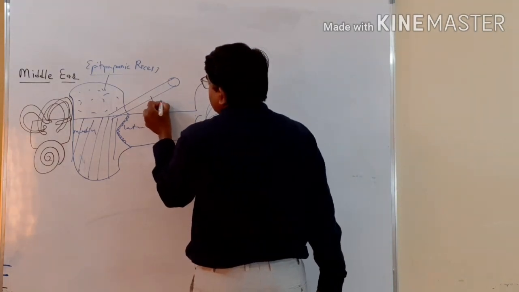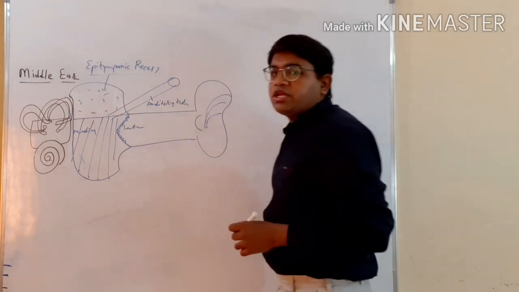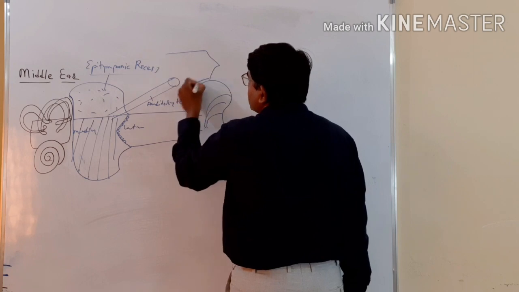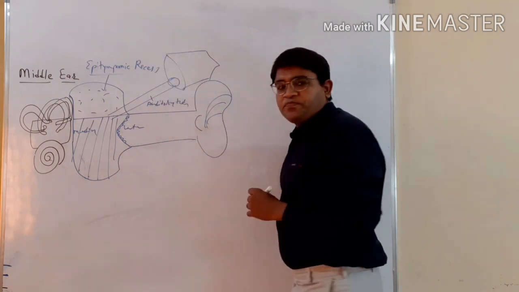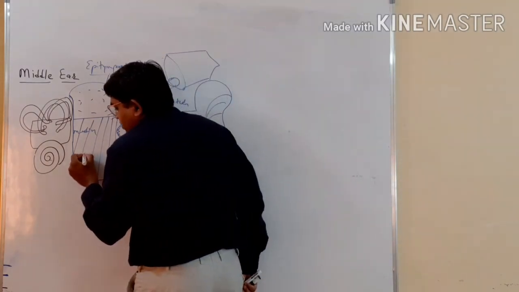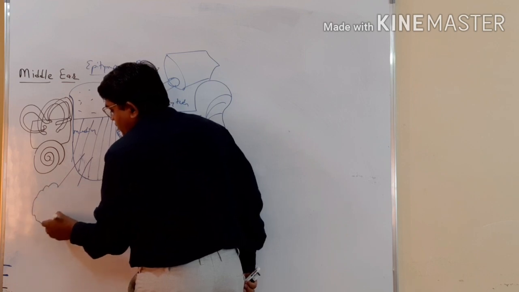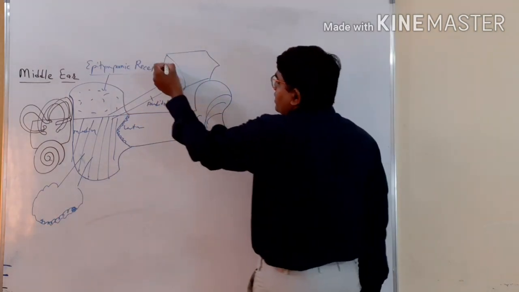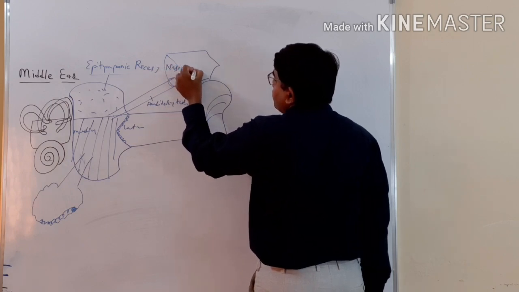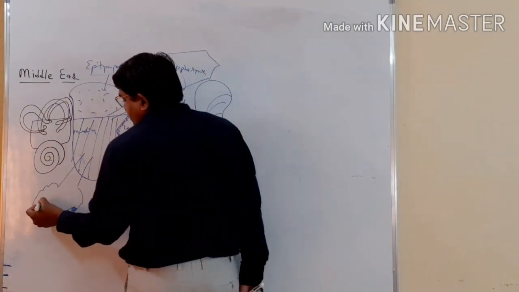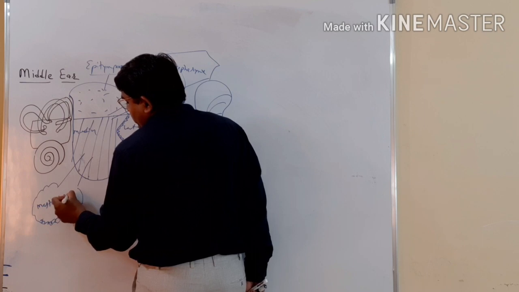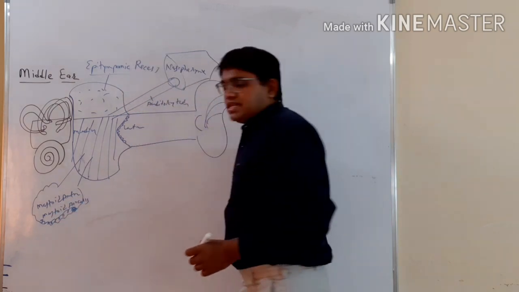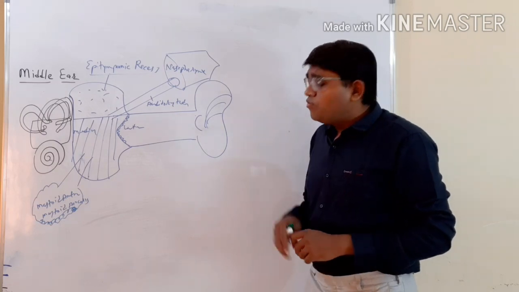This is the auditory tube, and through it the cavity communicates anteriorly with the nasopharyngeal area, whereas on the posterior side it communicates with the mastoid antrum and the mastoid air cells.